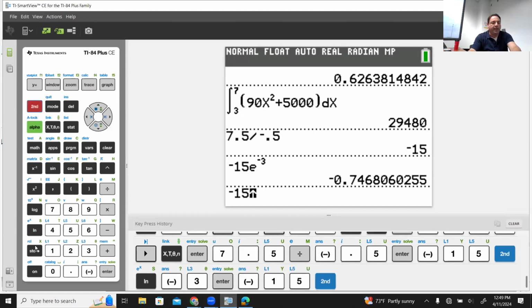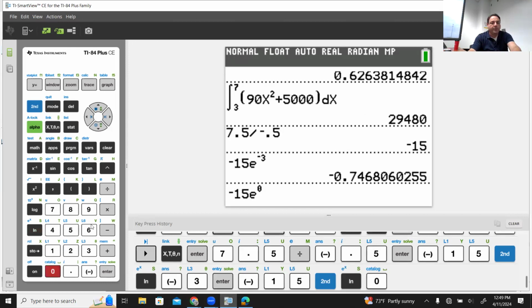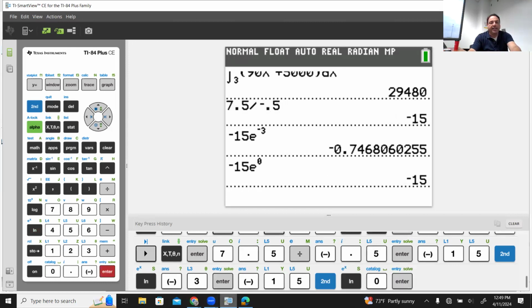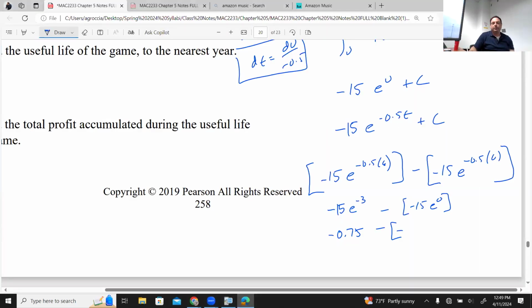E to the 0 is 1. I'll just still type it out. You get negative 15. Negative and negative is positive. You get $14.25 thousand. And that's from year 0 to year 6.